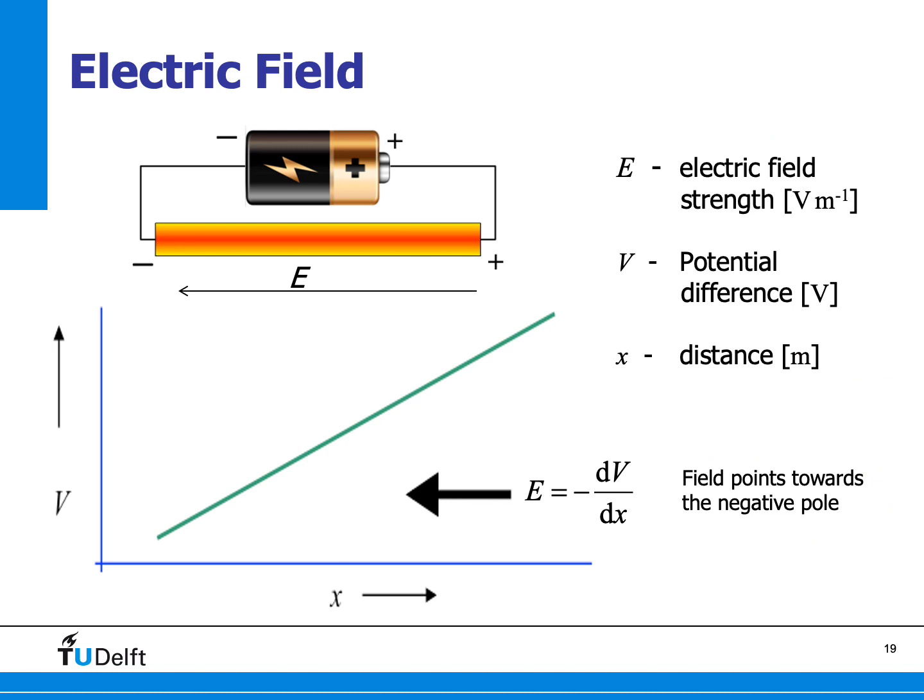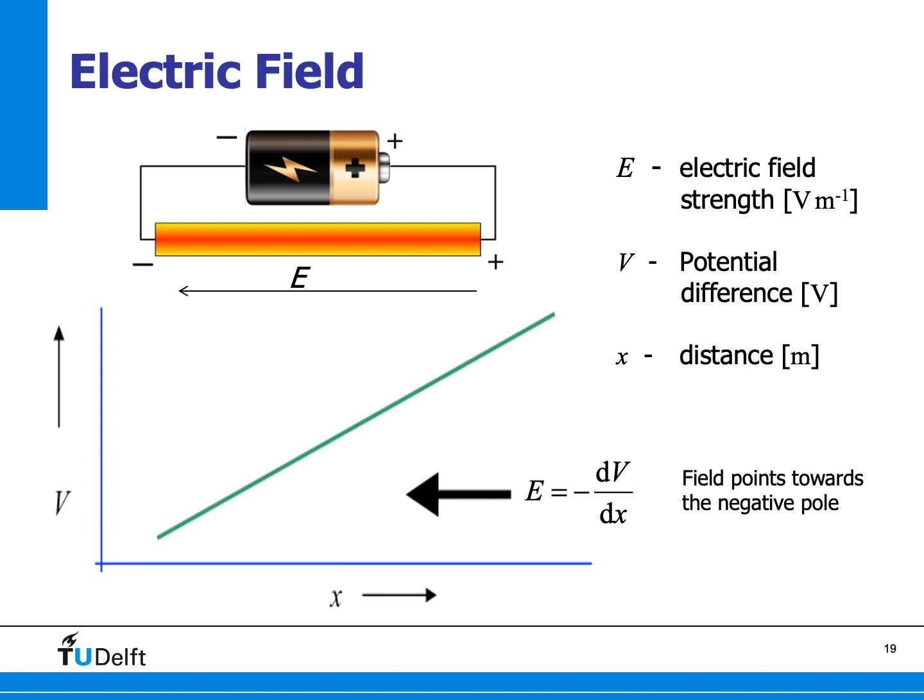Dielectric field. We give the electric field strength the symbol E, and it has units of volts per meter. If we connect a battery to this material, there will be a potential difference over this material, indicated by plus on the positive side, and by minus on the other side. This potential difference over a distance x, in meters, gives you an electric field.